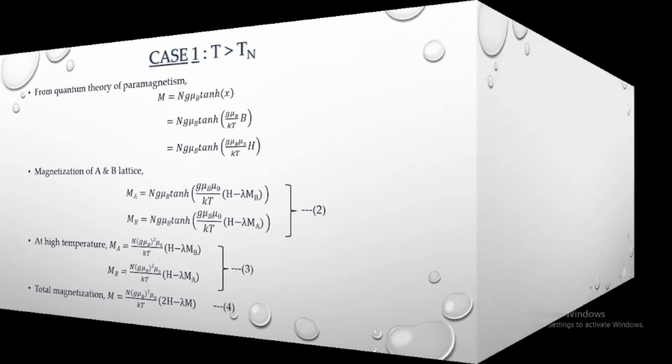And we know that whenever we discuss magnetism, the main thing we deal with is the susceptibility. So now we are going to assume that magnetization and the applied magnetic field are parallel to each other, and then the susceptibility is going to be scalar.